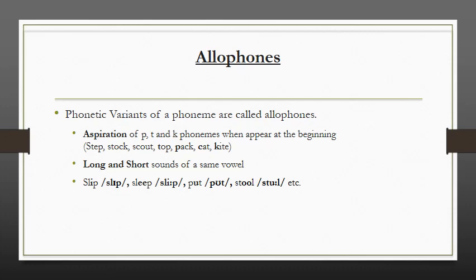The next phenomenon is long and short vowels. These long and short sounds of the same vowel are also called allophones, like slip and sleep. The E sound is pronounced shortly in slip, while it's elongated in the next word, sleep.